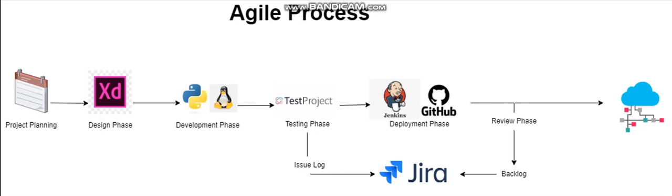Then after that, review. The client reviews the software based on the business requirements that they gave to the project manager and that were implemented in the design phase, development phase, testing and deployment. Once the requirements pass, it will be transferred to launching of the software, which is into the cloud system.